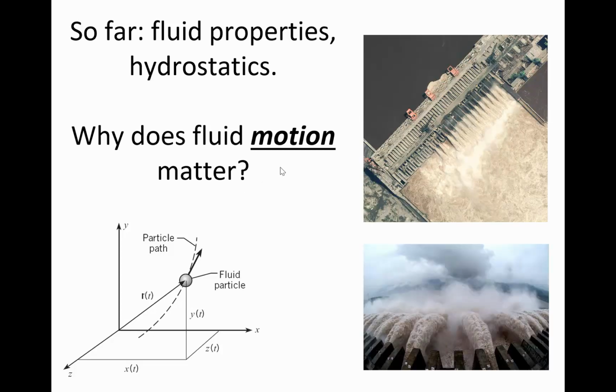And so here's an aerial view and kind of a view of the spillway of a dam, just illustrating that, you know, the stakes are very high when you think about the number of people that are impacted by the existence of a dam and its potential for failure. The people who live downstream of a dam would be completely inundated in a lot of cases if the dam fails.